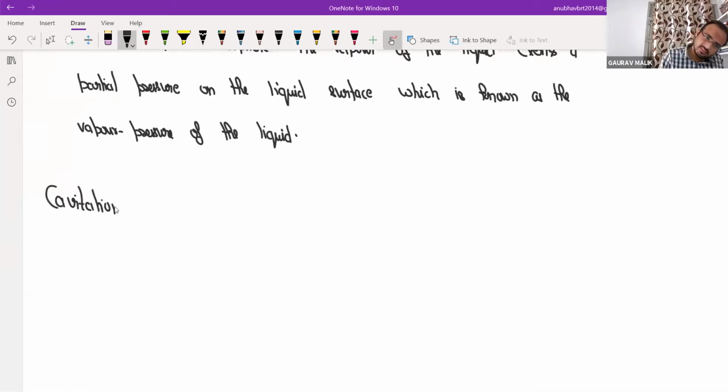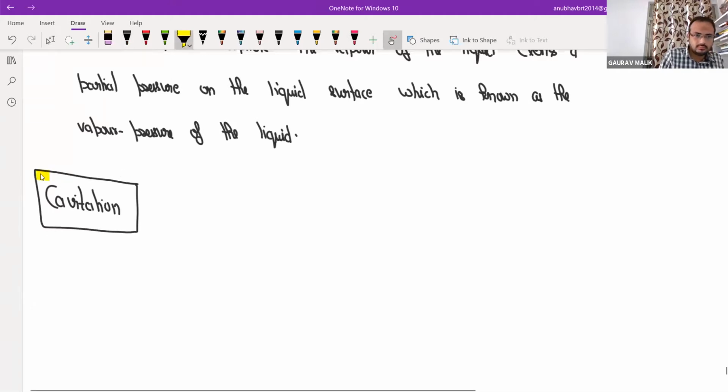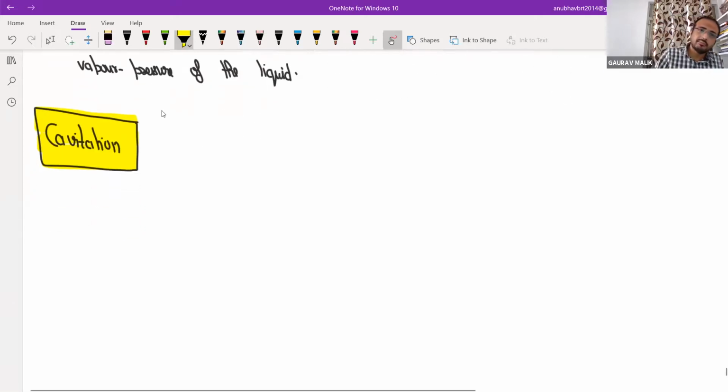Cavitation. The definition you already know. I will write it in simple language so that whenever you revise, you will get everything. Suppose we have a liquid and that liquid is going to flow.